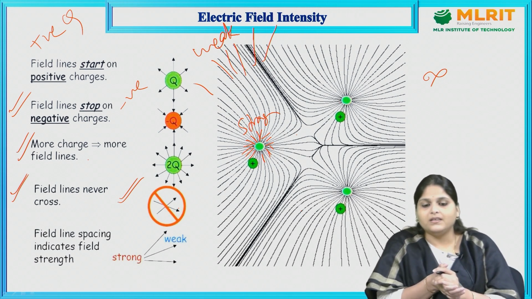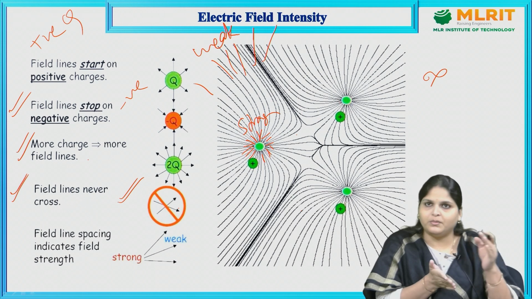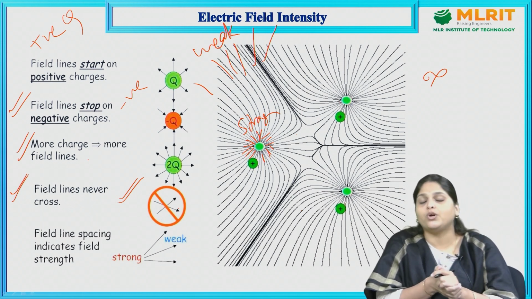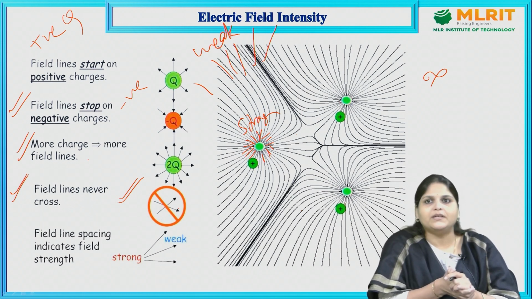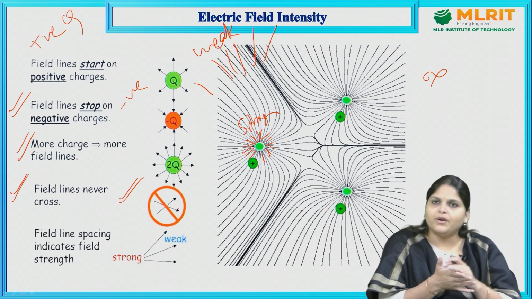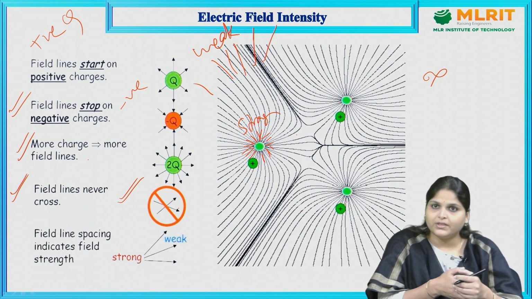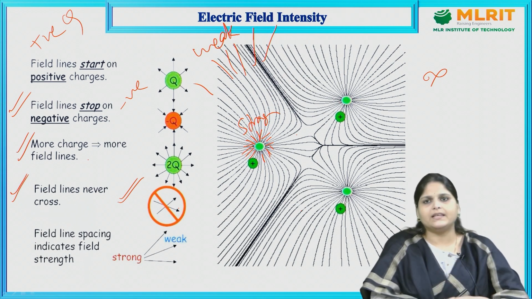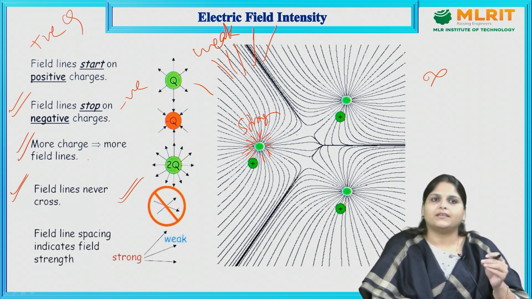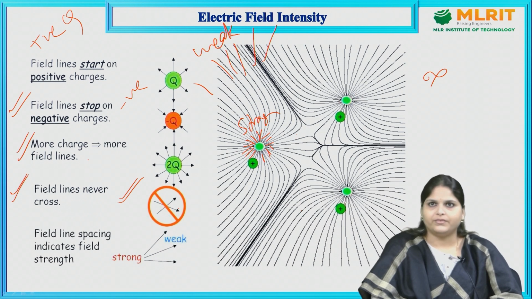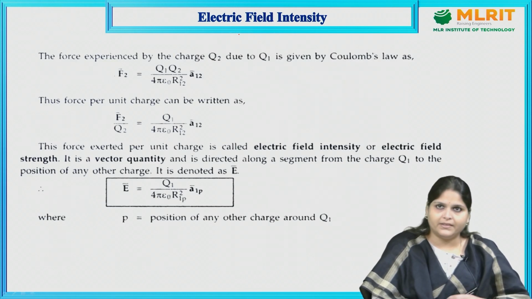So, field lines start from positive charge, they terminate on negative charge. If negative charge is not found nearby, they will terminate on infinity. More number of charges, more number of field lines, they will never cross each other. Also, the spacing indicates the electric field strength, right?